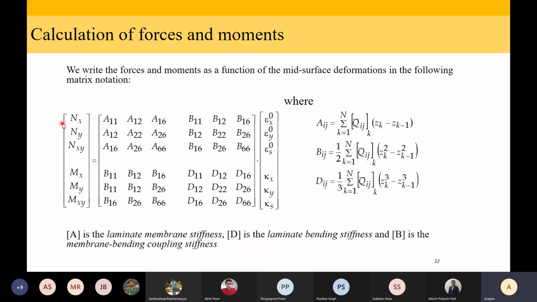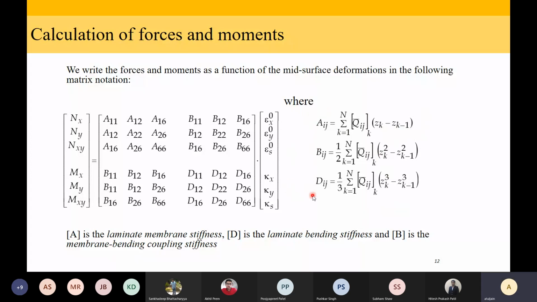Nx, according to our formulation, was equal to A11 into epsilon naught x plus A12 into epsilon naught y plus A16 into gamma naught s plus B11 into curvature, B12 into curvature, B16 into curvature, where this is the definition of A, B and D matrix. We also discussed that A does not depend on the layup sequence.